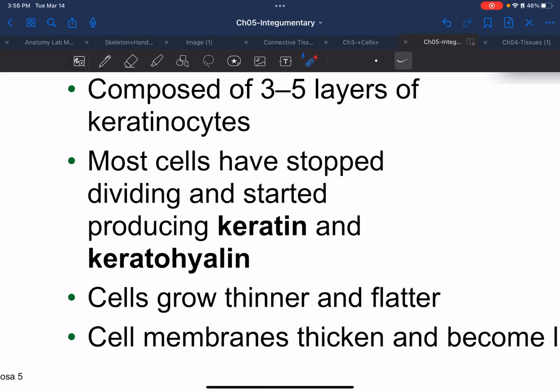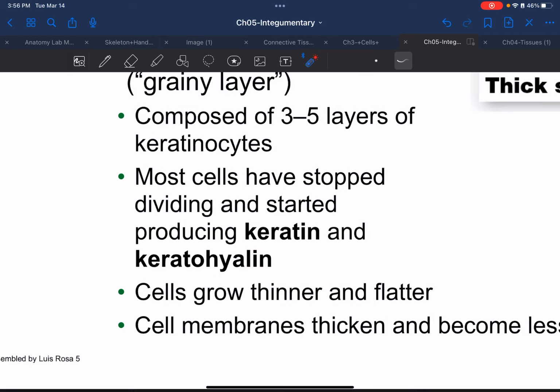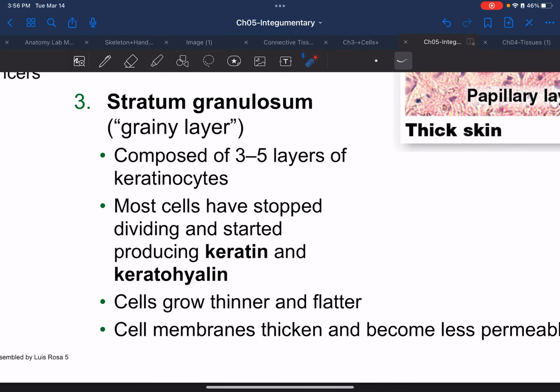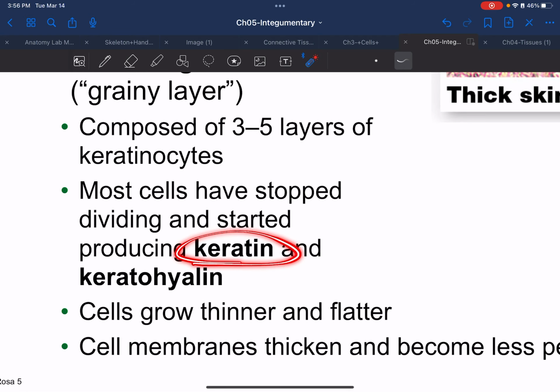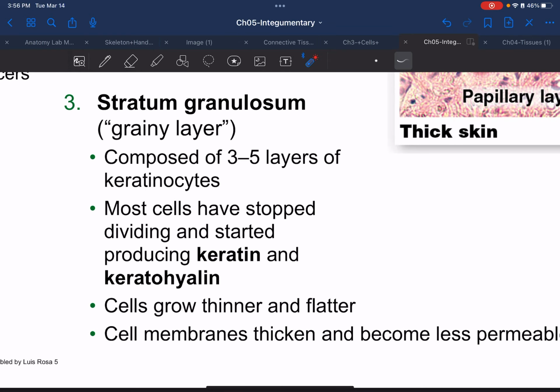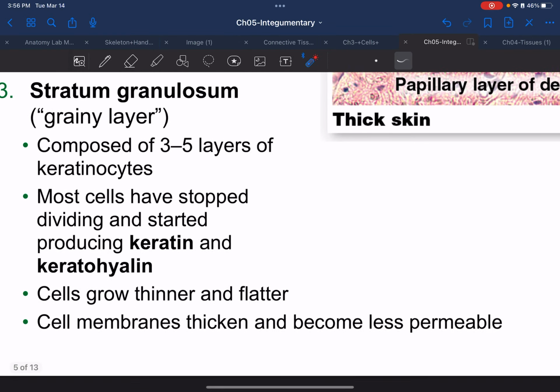The cells are no longer dividing, and now they are producing two proteins that characterize your skin. One is called keratin, and the other is called keratohyalin. The only one you've heard of is keratin, but these are the two proteins that give skin its texture. And that's what granulosum does. Okay?